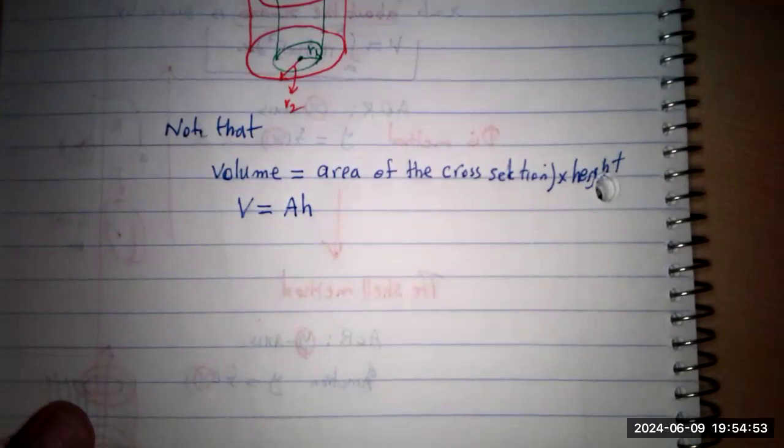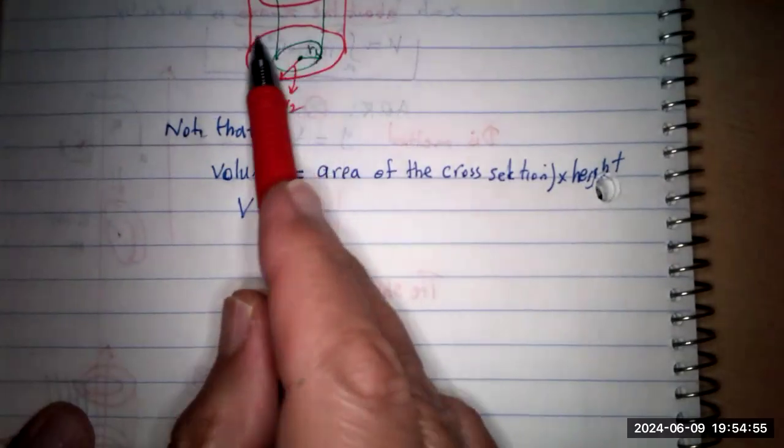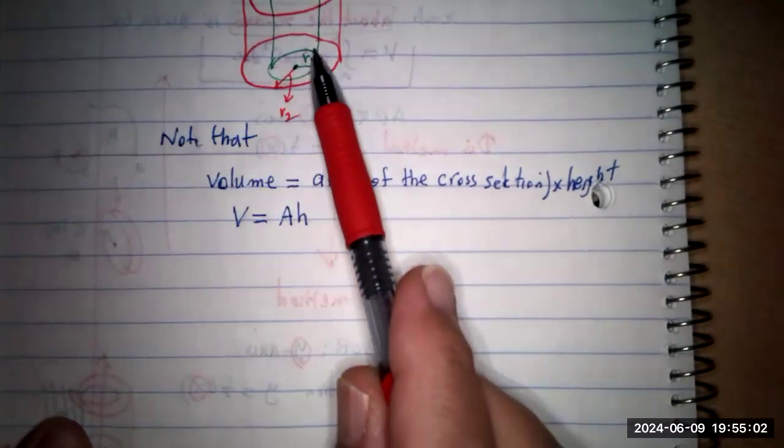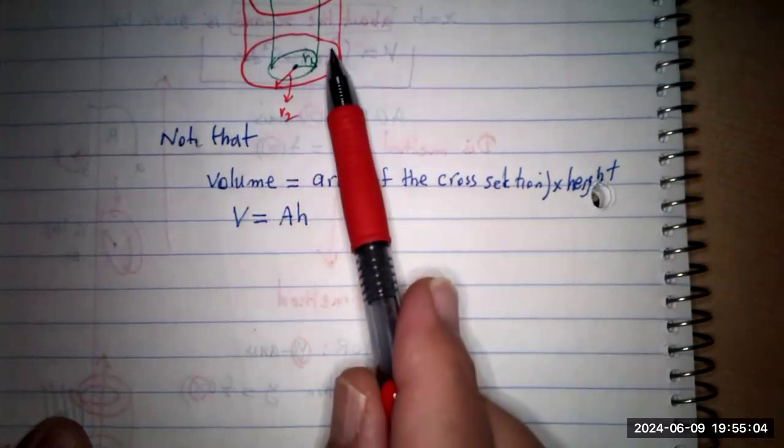Now let's find out. The cross section is going to be this double circle that we have, so we have to find its area.